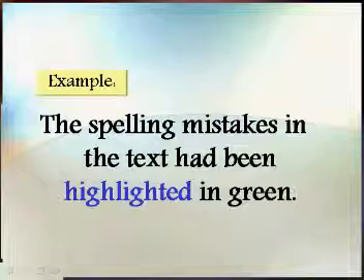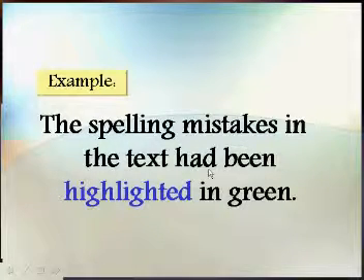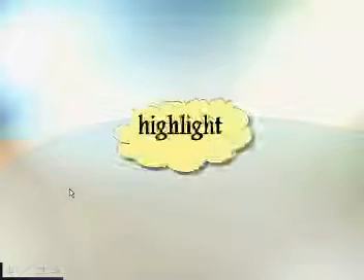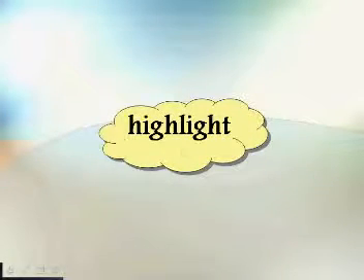Okay, another example. The spelling mistakes in the text had been highlighted in green. Okay? Remember last time when we were dealing with reading, we said you have to highlight words or important words in the text. What is the meaning of highlight?